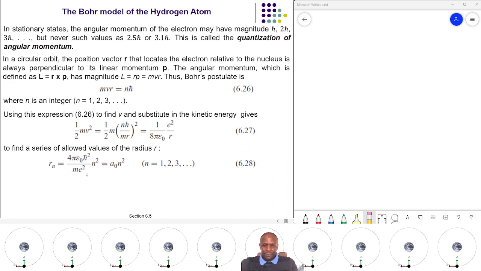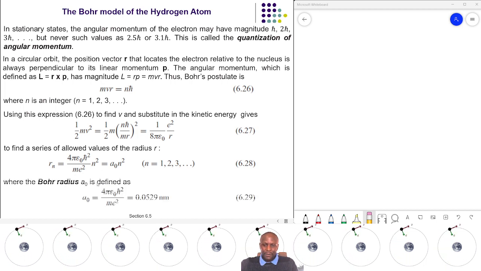You cannot have orbits of any radius; the values of r will depend on this n, on this quanta of angular momentum. All right.